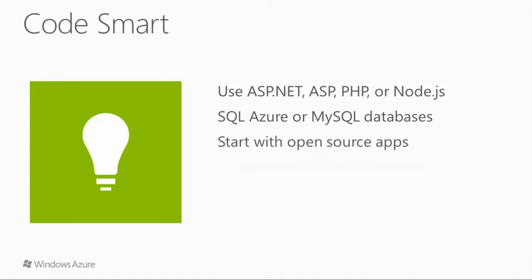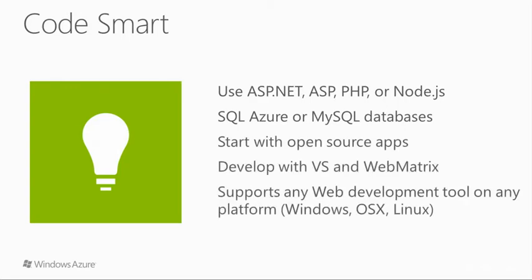So Code Smart, we reviewed a variety of different frameworks, different languages, ASP, MVC. You can use Microsoft SQL Server. You can use MySQL. Something I didn't cover because we don't have enough time, but you can also connect Windows Azure websites to the rest of the Windows Azure services. So throughout the day, Wade also probably explained it. And if you go to any other Windows Azure talks, there's no reason why you can't use a Windows Azure website and a cloud service, or a Windows Azure website and something, say, like our storage or service bus together.